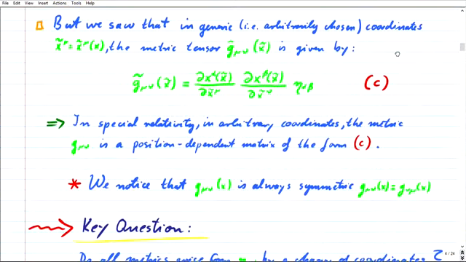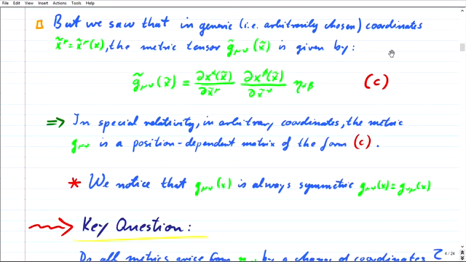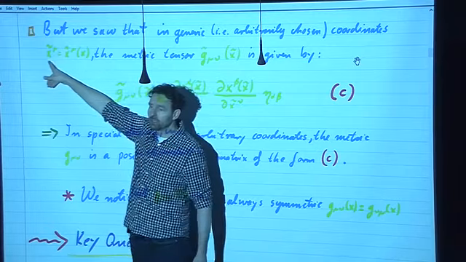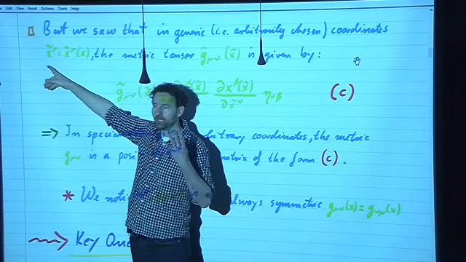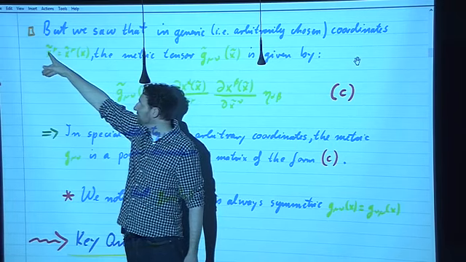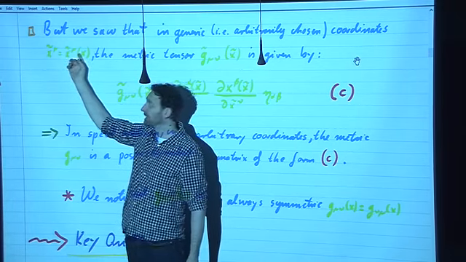But we saw that when we change coordinates to another coordinate system, let's say we go from coordinates x to coordinates x tilde, by the way, when we do that, we have four functions that we can freely choose. We can choose the x tilde 0 as a function of the x variables.